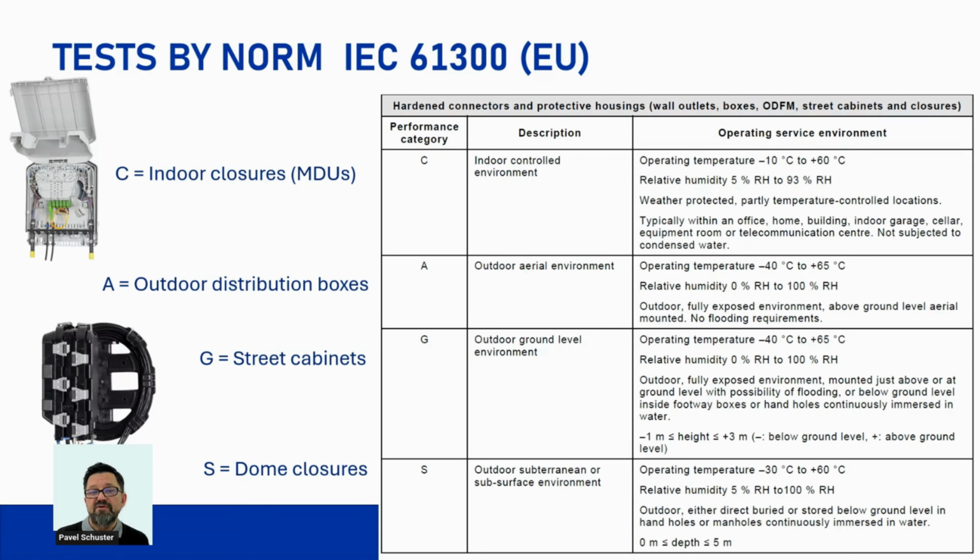So this norm, 61300, is divided into 4 categories. One category is C, which is for indoor installation. A is for outdoor installation, aerial. G is for outdoor ground level environmental, which is the pillars. And S is underground. It means those dome closures.